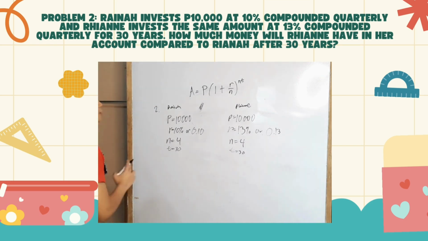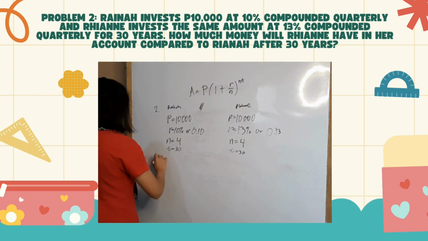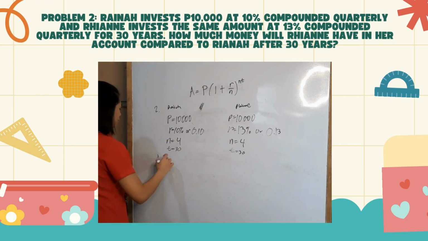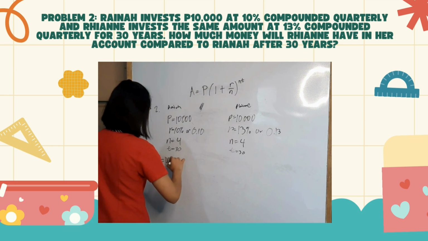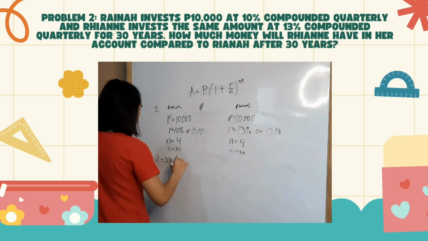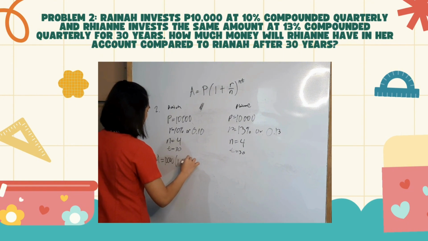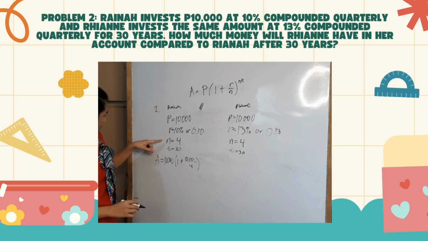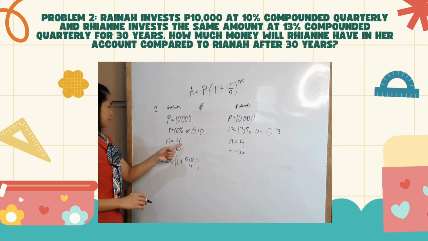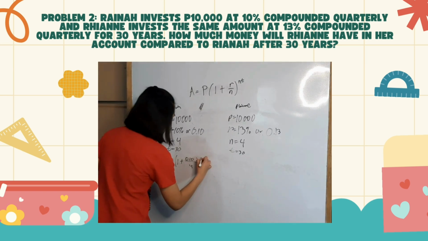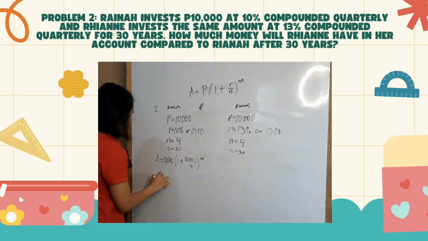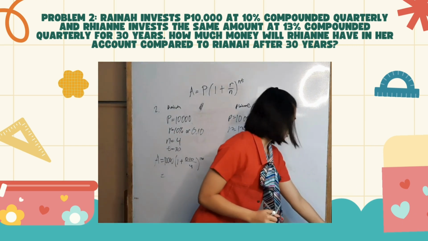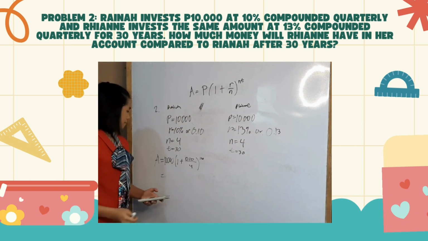So using the same formula, we plug in the values. A is equal to P, which is 10,000, times 1 plus R, 0.10 over N, which is 4, open and close, raised to NT, N times T, so 4 times 30, that's 120. Now you get your scientific calculator.